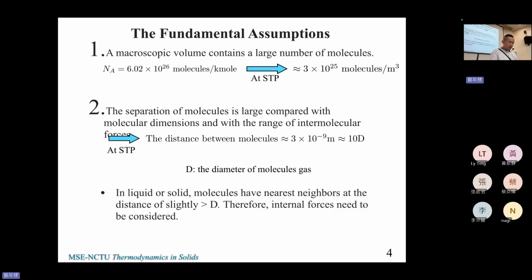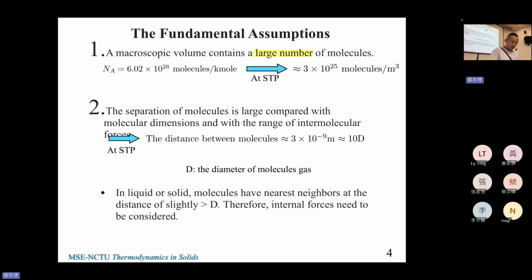So firstly, the fundamental assumption, number one: a macroscopic volume contains a large number of molecules.